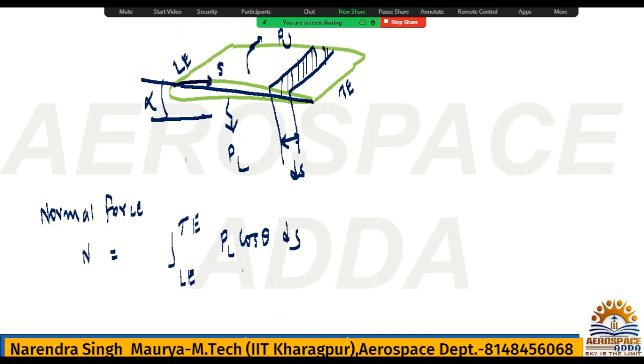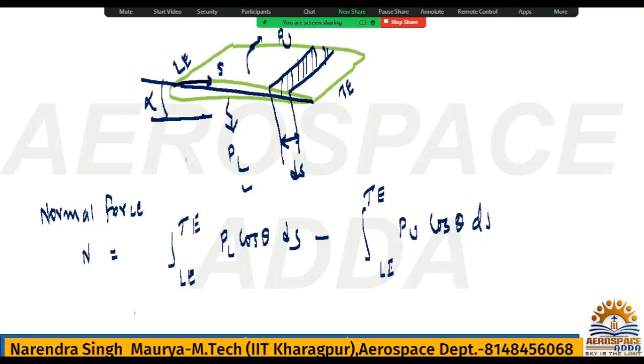You can do that force resolution, it's simple. Similarly you can do it from leading edge to trailing edge for the lower surface pressure distribution PL, and similarly for PU. So the difference between PL and PU will give the normal force, and from that normal force you again take components to get lift force and drag force. Yes or no?